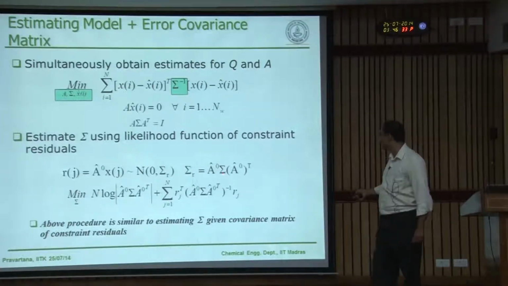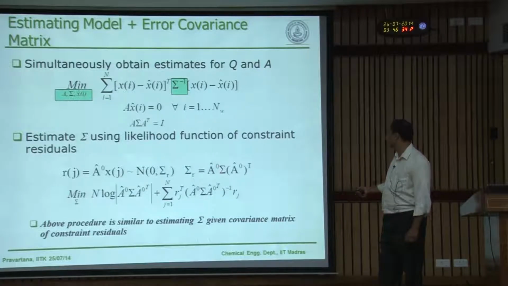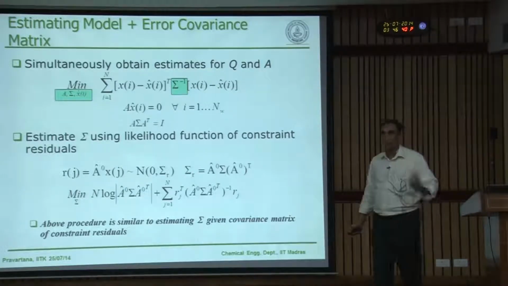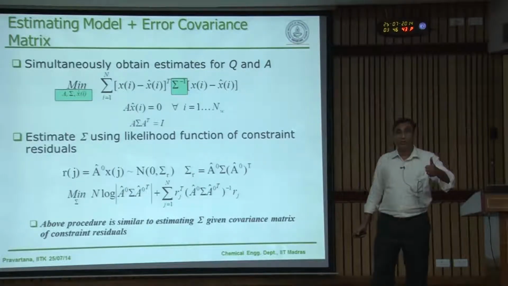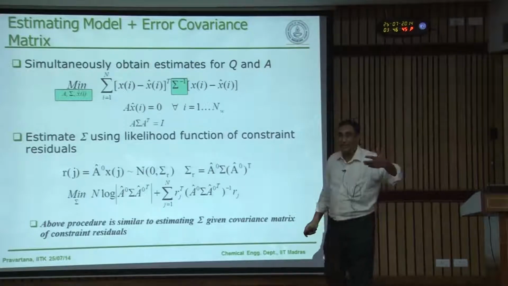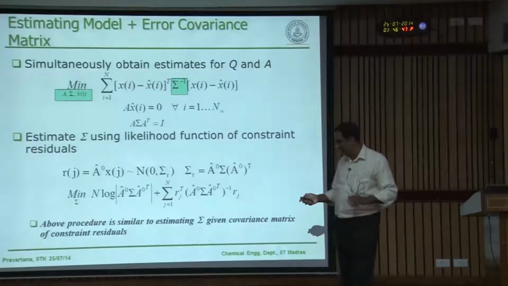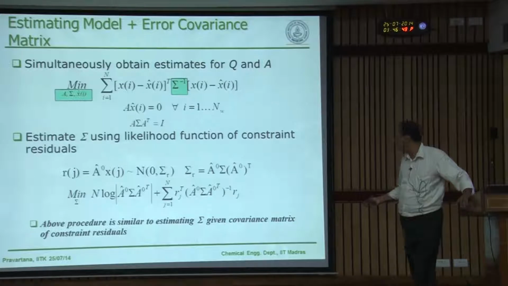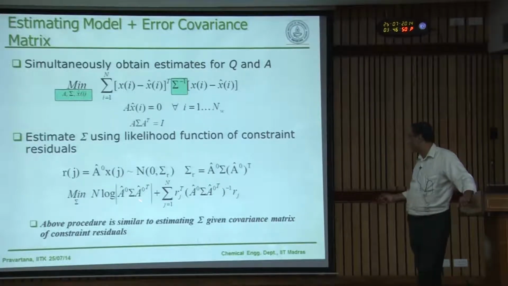So you will be able to estimate this as long as the number of elements of sigma is less than m into m plus 1 by 2, where m represents the number of constraints in the problem. You don't know the number of constraints, therefore you have to again iterate on that. We will see what that condition means again. But if you solve this, you get a new sigma, plug it back here, again scale it, get a new A, and redo this until it converges.